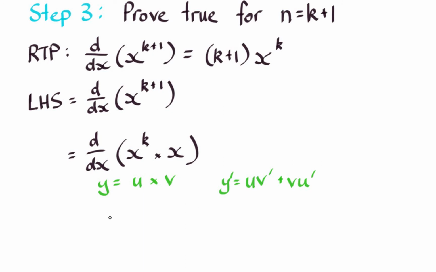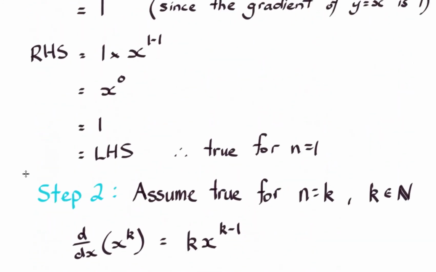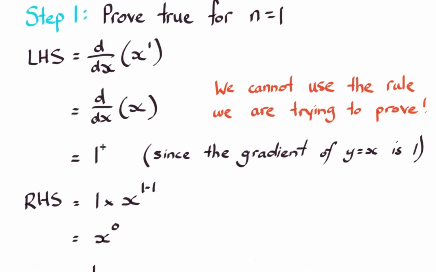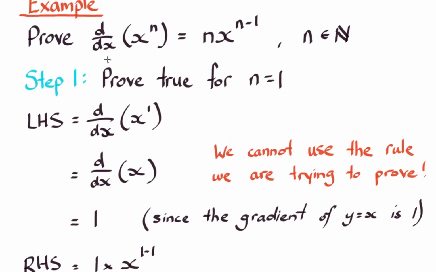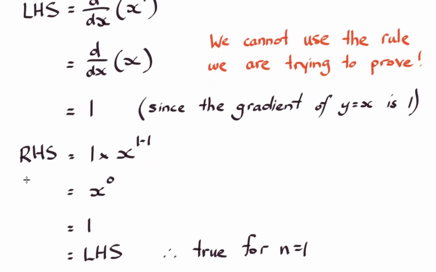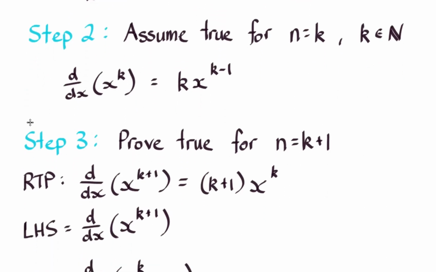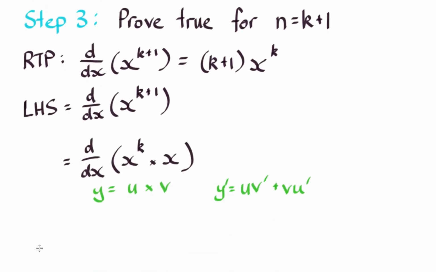If we go back to step 1, we weren't even allowed to say that the derivative of x is 1 using this algorithm, because that's what we're trying to prove. So why now are we allowed to use the product rule to help us? That's a really good question, but the product rule is separate to this particular identity that we're going to prove.